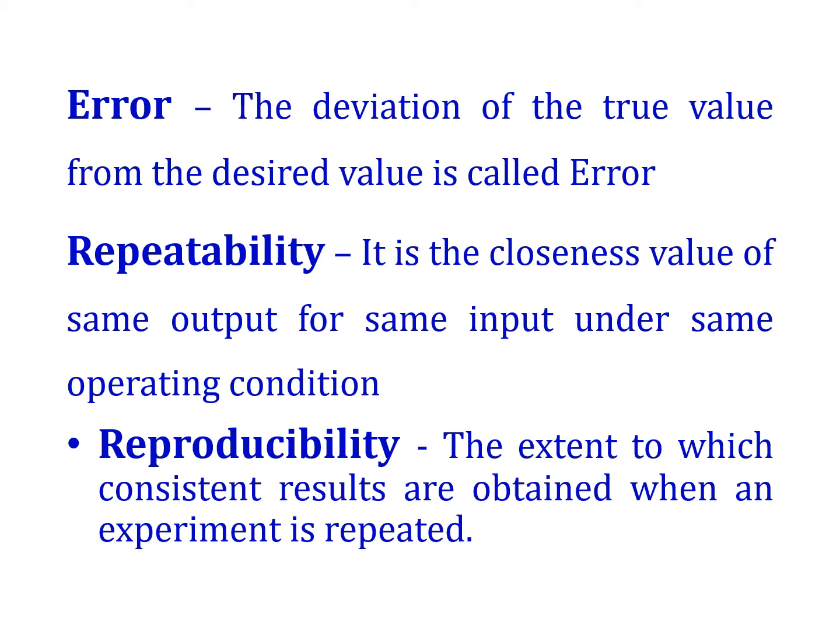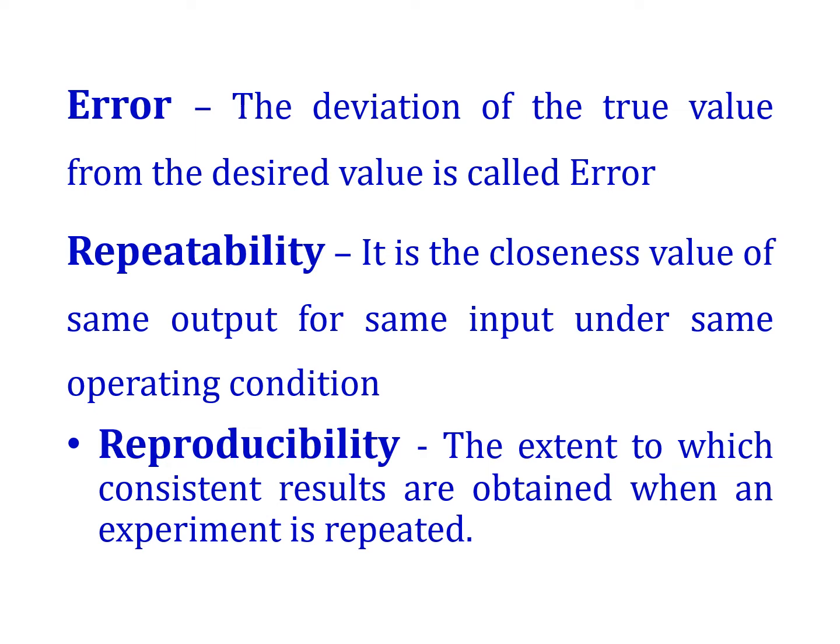Repeatability, as the term itself says, is the closeness of the same output for the same input under the same operating conditions: same measuring instrument, same operator, same environment. If the value comes very close or the same value repeats, then we can say repeatability is good. That is, we can accept the reading and the instrument.